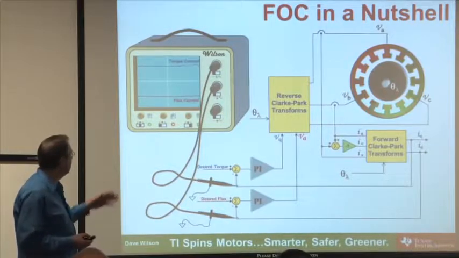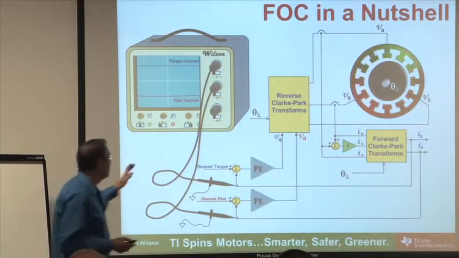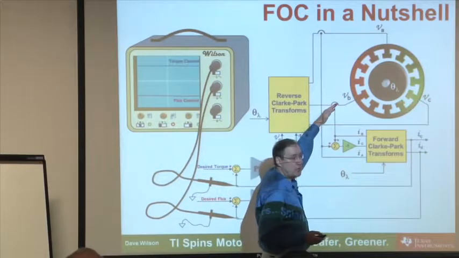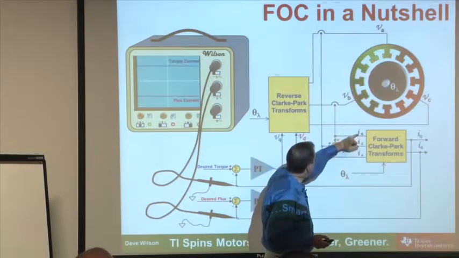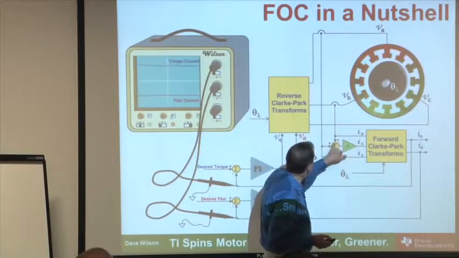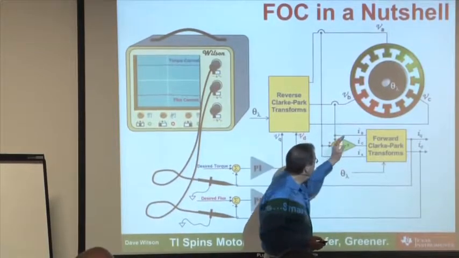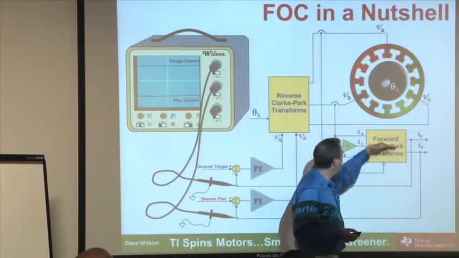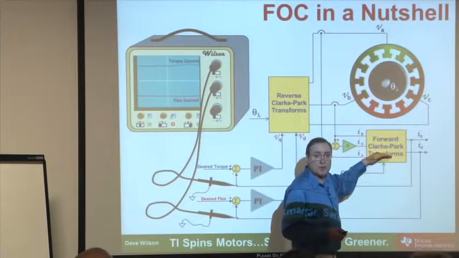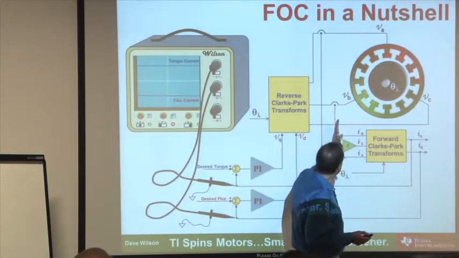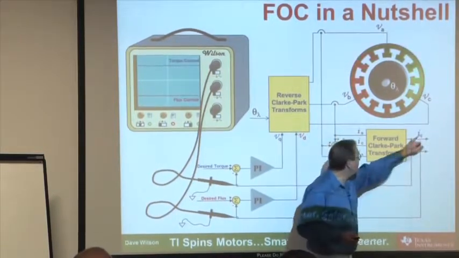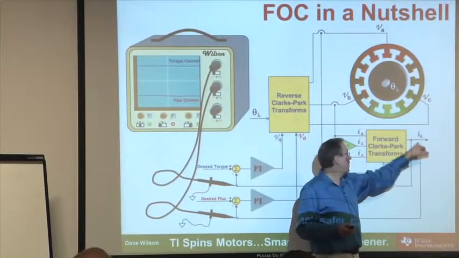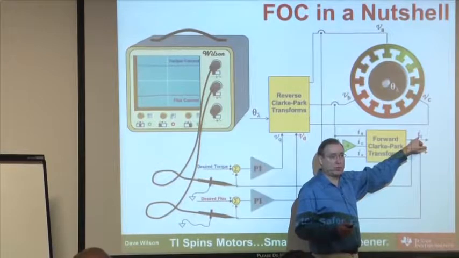Let me summarize the whole thing very quickly. We sample our currents in the stationary reference frame. We generate phase C from the negative addition of phase A and phase B. Then I lump all the transforms together to do the forward Clark-Park transforms. What we end up with on the output is a vector representation of those 3 current waveforms: a component directly aligned with the rotor flux and a component in quadrature to the rotor flux.